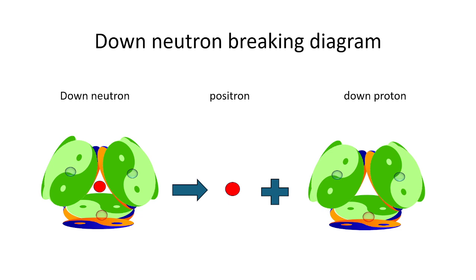So the neutron becomes a down proton, and the down proton has 2 electrons and 1 positron, so the global electrical charge is negative, and the mass is similar to the proton. This is the down proton, and the usual proton is the up proton.